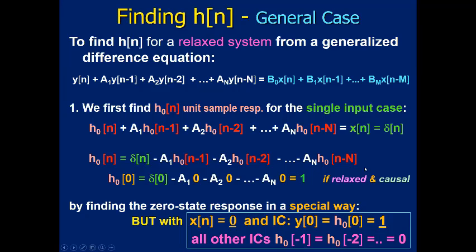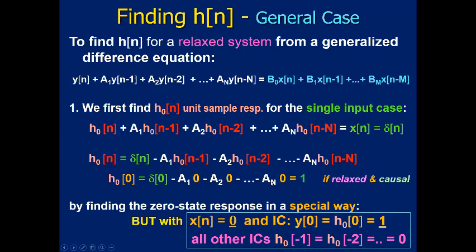Let's evaluate this equation at n equals 0 to see what we're supposed to get. So h0 of 0, we get a delta of 0, which is our 1 unit sample. And if the system was relaxed and causal, all the previous outputs and all the previous unit sample response values have to be 0. So h0 of n minus 1 has to be 0, h0 of n minus 2 has to be 0, all of them.